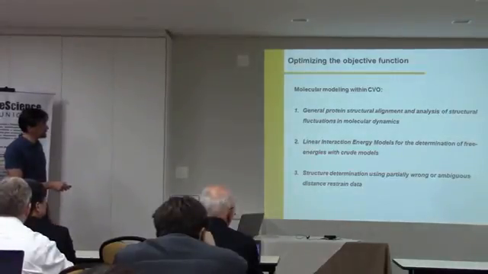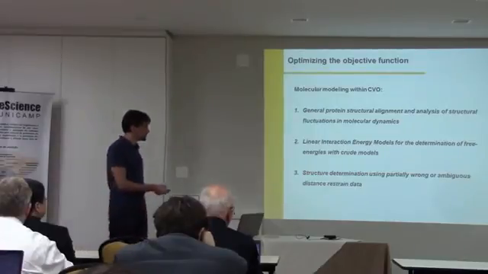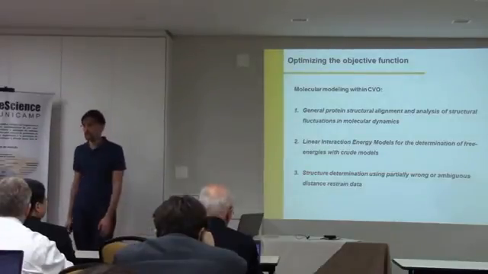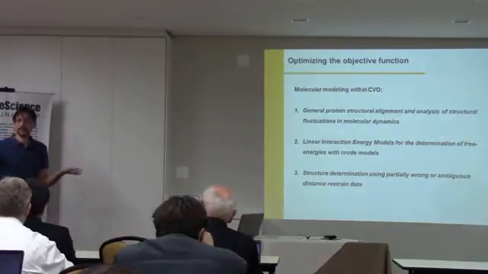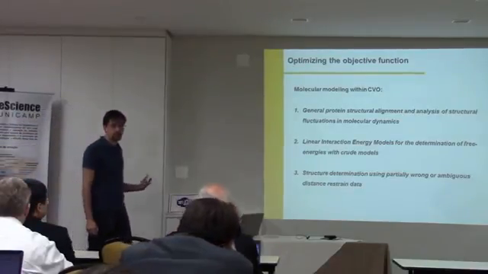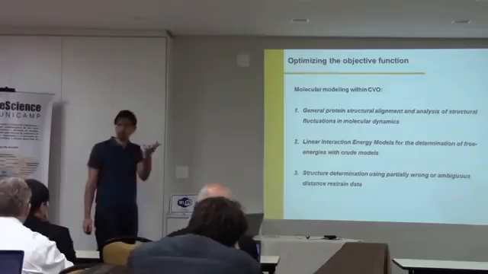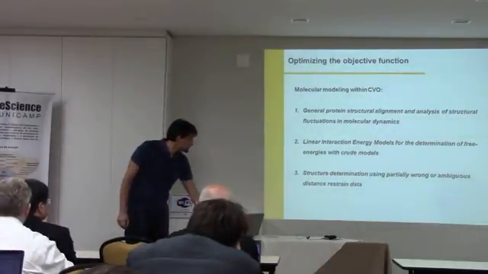And finally, the thing we are working on now is structure determination using partially wrong or ambiguous distance restraint data. All these molecular modeling problems can be interpreted as concurrent value optimization problems, and this leads to the definition of well-defined algorithms for the optimization of these functions.